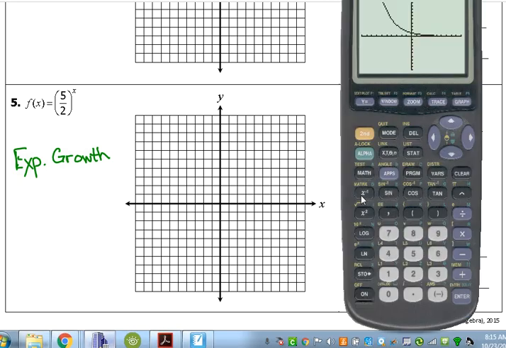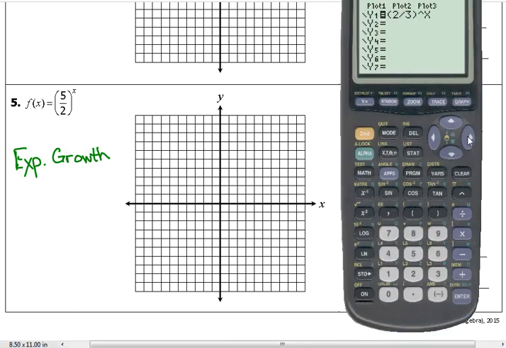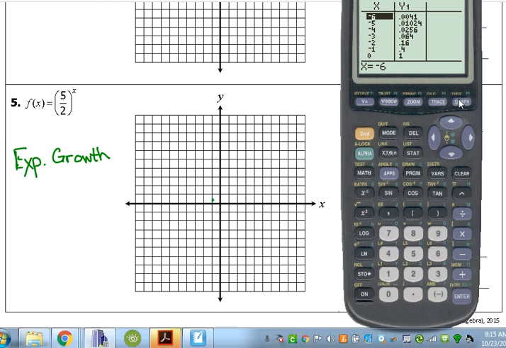So let's put this in so we can graph it. 5 over 2. Go to the table. Let's see here. At -1, we're at 0.4. At 0, 1, still the same. At 1, 2.5.